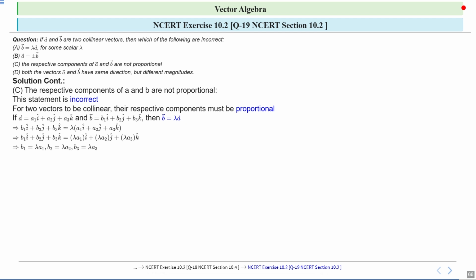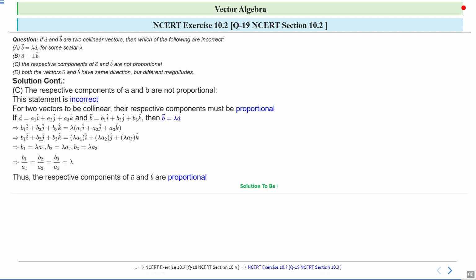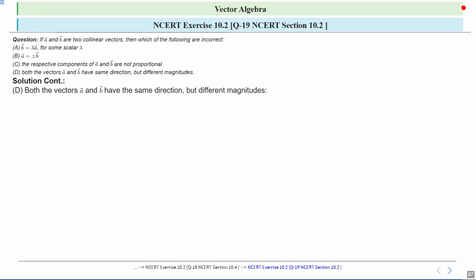So B1 is equal to lambda A1, B2 is equal to lambda A2, and B3 is equal to lambda A3. Hence, we can say that B1 upon A1 is equal to B2 upon A2 is equal to B3 upon A3 is equal to lambda. Thus, the respective components of A vector and B vector are proportional.